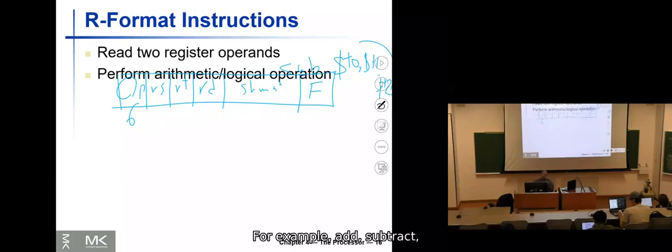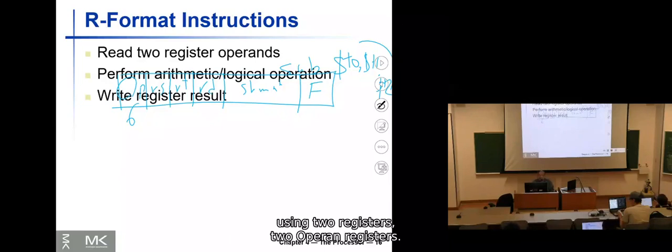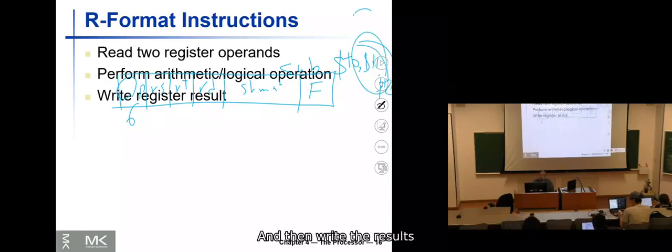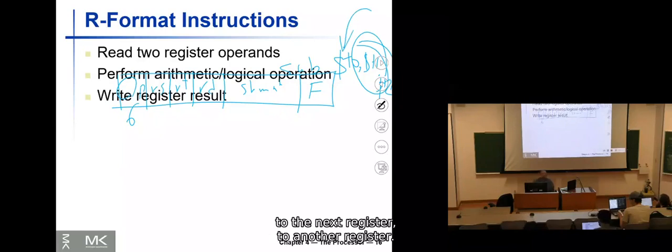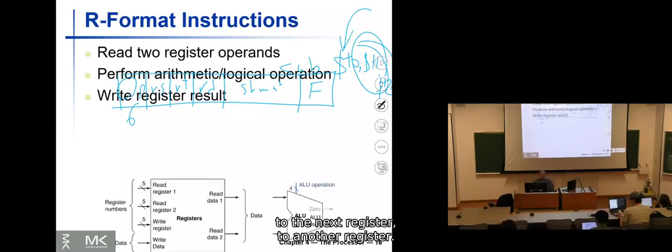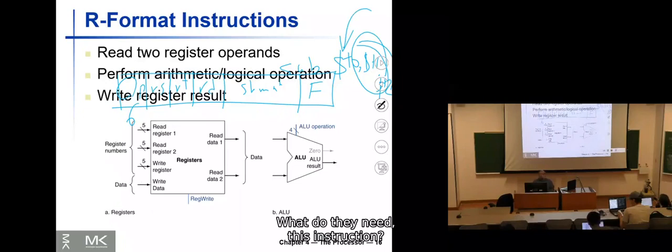This, for example, add, subtract, or these things would be our R format, and they calculate something using two operand registers, and then write the results to another register. So what do they need?